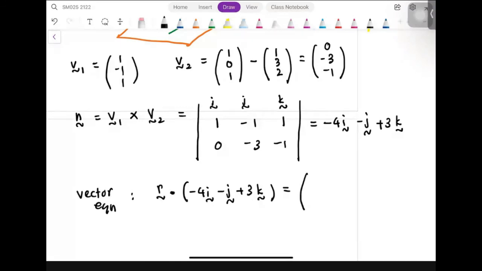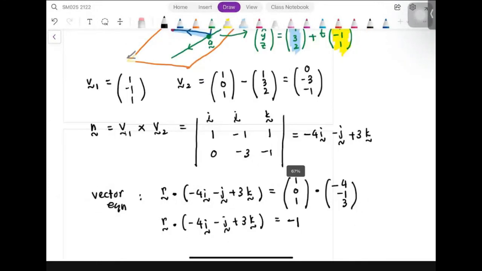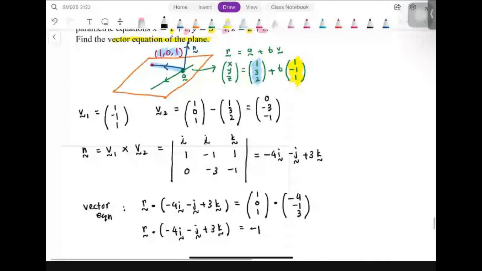So, point on a plane given 1, 0, 1 dot with n, negative 4, negative 1, 3. So simplify this up. Left side, you just have to copy it back. No problem. Right side, settle with your dot product. So we have negative 4 plus 3. So negative 1. Settle. Okay.